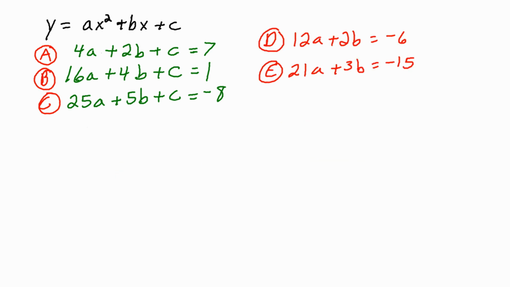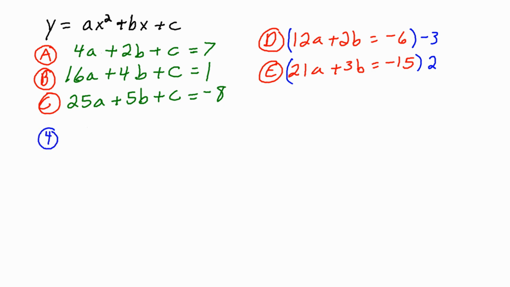Considering the numbers in front of a and the numbers in front of b for my equations D and E, it's going to be a little easier to eliminate the b. The least common multiple for 2 and 3 would be 6. If I multiply equation D by a negative 3 and equation E by a 2, I'll have a negative 6b and a positive 6b, which will eliminate.